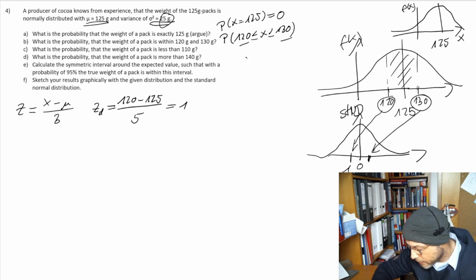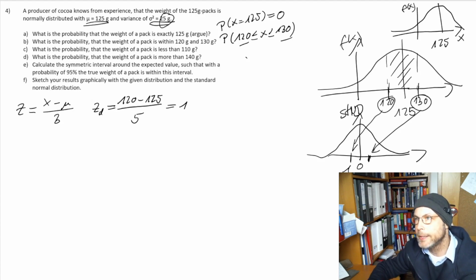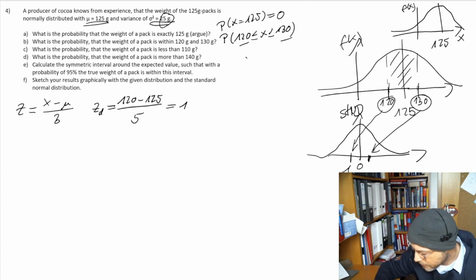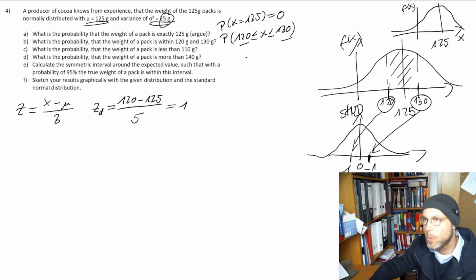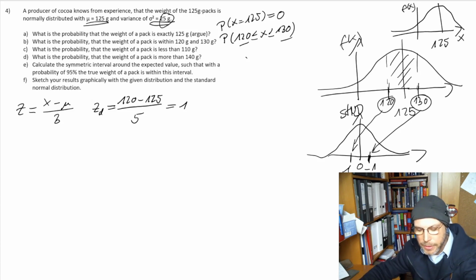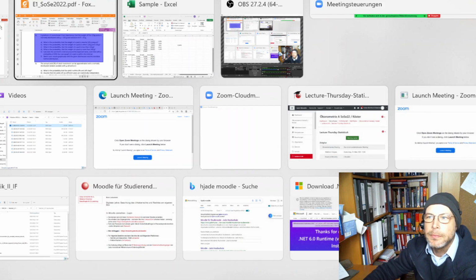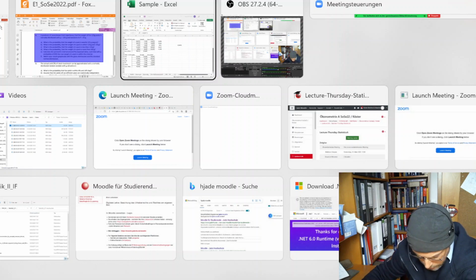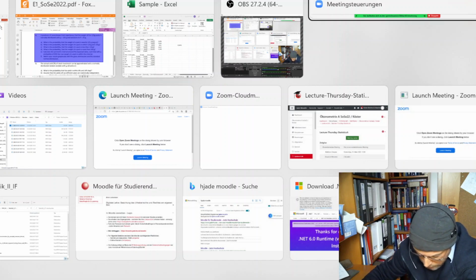Of course, we know that this is symmetric around 125. Then, of course, we have to be symmetric around 0, and we have here 1. And now, where I have my tables, at least I want to show you the tables, there we go.